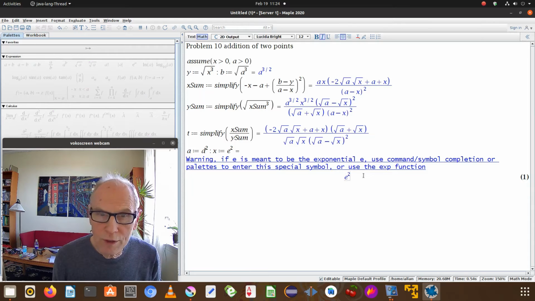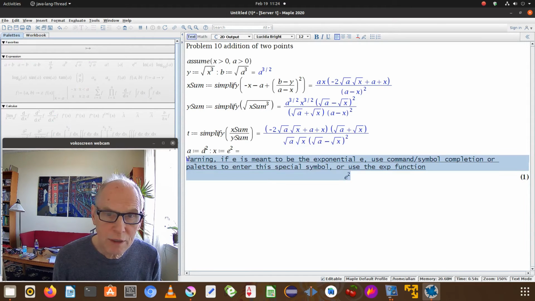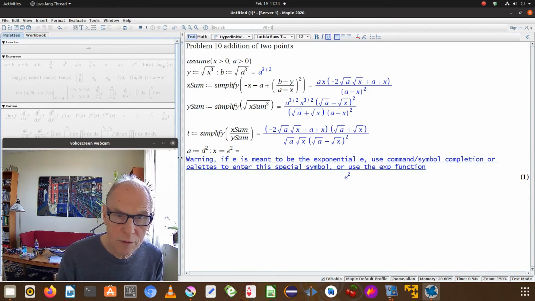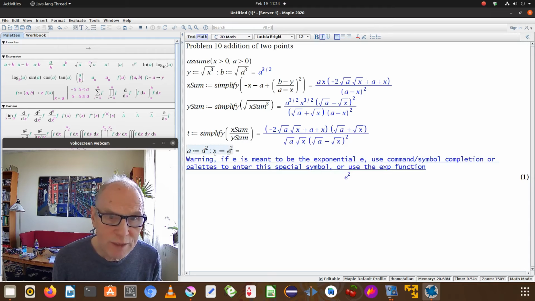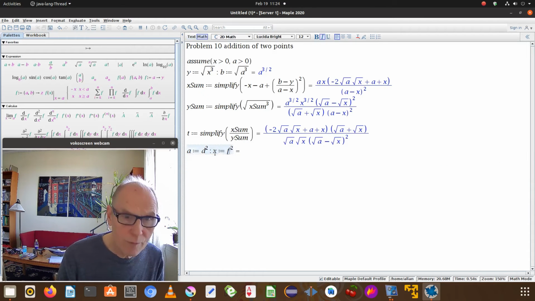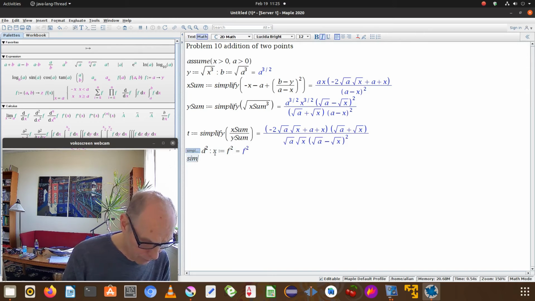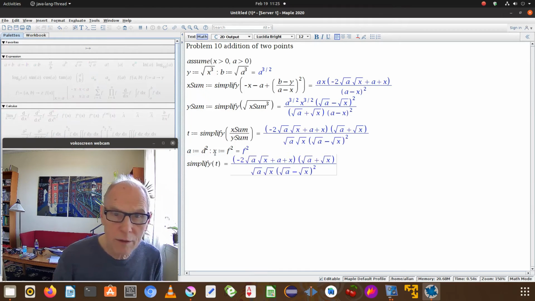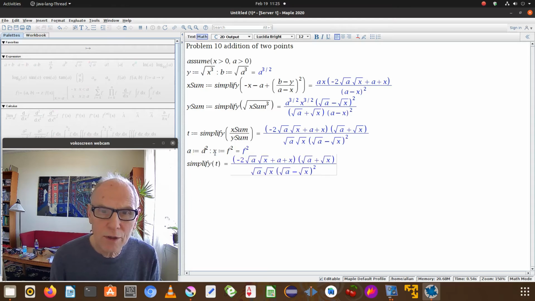That's a warning I'm not interested in. No, then let's use f instead. So no warning. And then simplify t. It won't do it. So let's do it the other way.